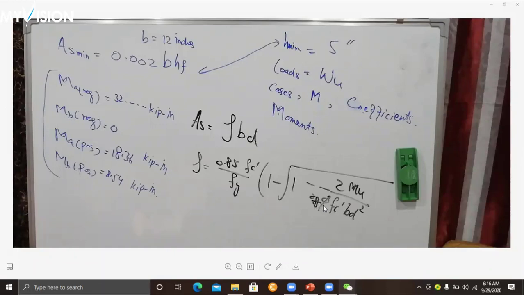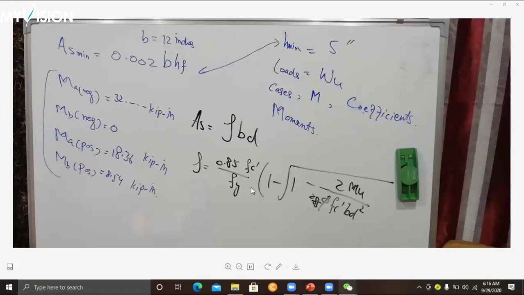Phi value will be equal to 0.9, fc prime is 3, B value is 12, and D value is 4 inches. Put these values together and you will get the steel ratio required, that is rho.